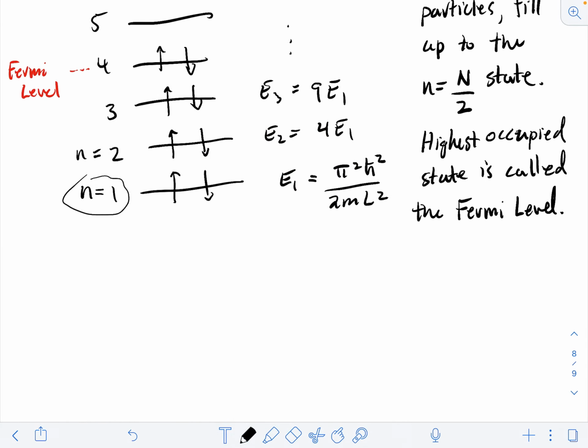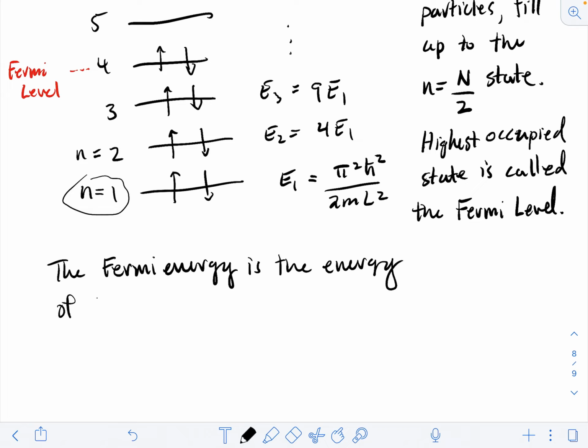And so the Fermi energy is the energy of the highest occupied state. Okay, the Fermi energy is the energy of the highest occupied state at the Fermi level.